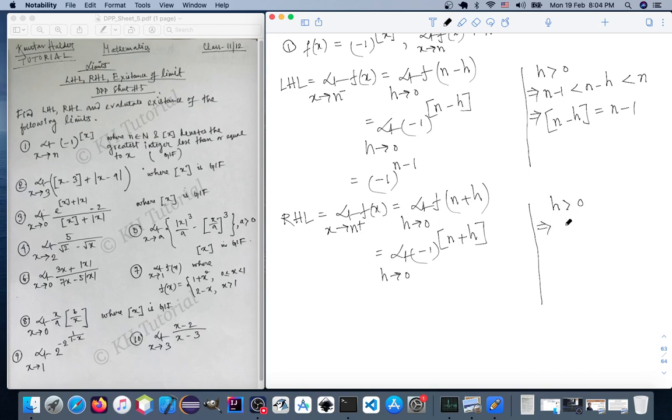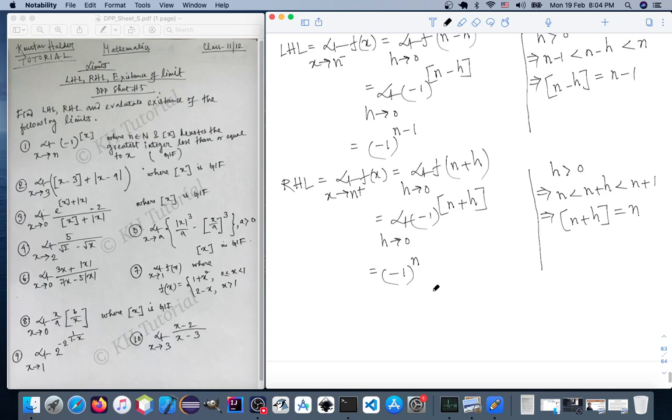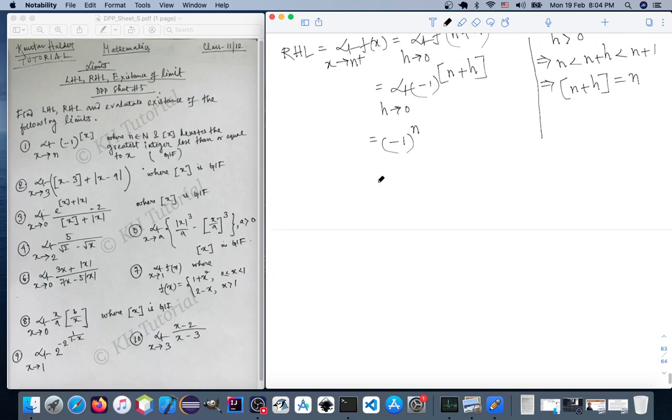This implies n plus h will be greater than n but less than n plus 1. So we will have box of (n plus h) equals n. So this equals -1 to the power n, and clearly we see that LHL is not equal to RHL.